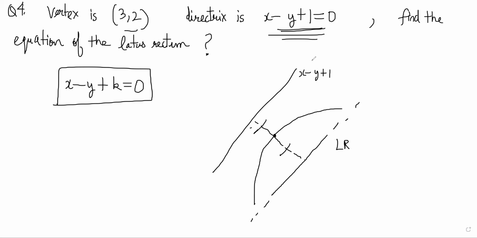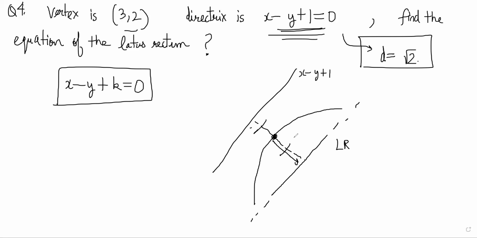It will be 2 by root 2, root 2, right? So root 2 is the distance, and then from 3 comma 2 you have to go root 2 distance to the other side, right?